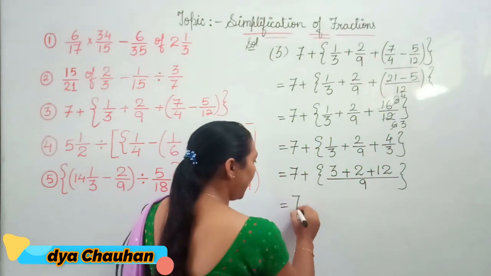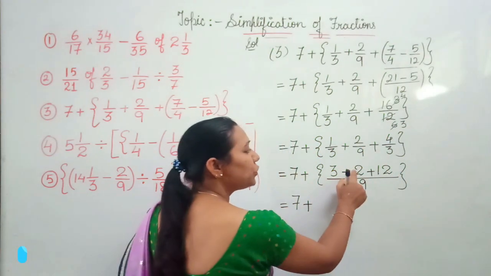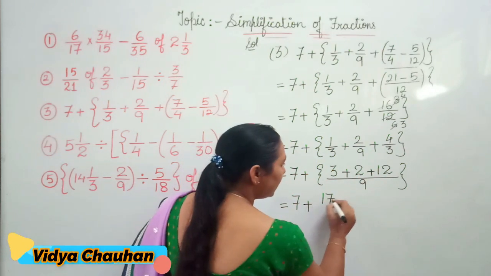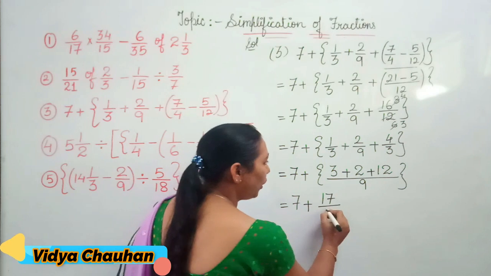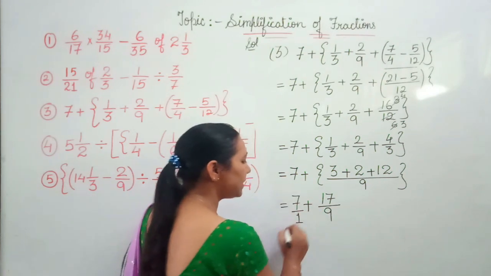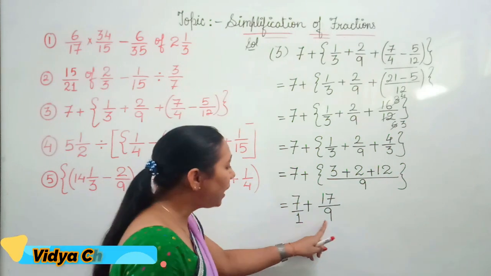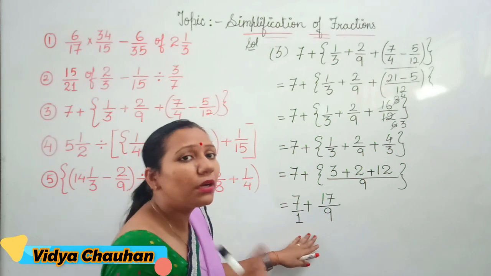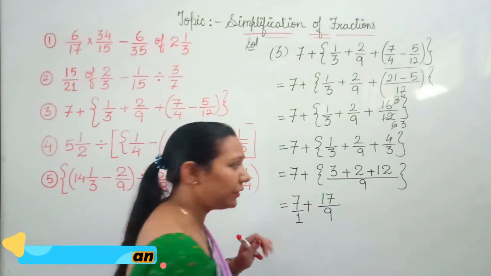So let us add the terms now. 3 plus 2 is 5, 5 plus 12 is 17 upon 9. Now here we have 7, which can be written as 7 upon 1. At the last we have to take the LCM of these two terms and perform the addition.